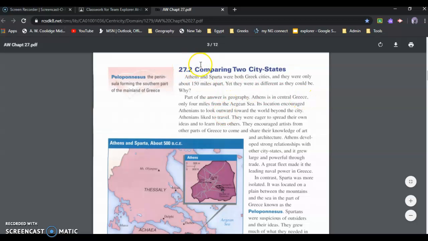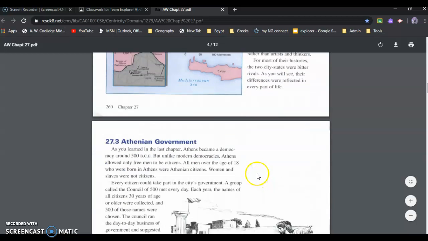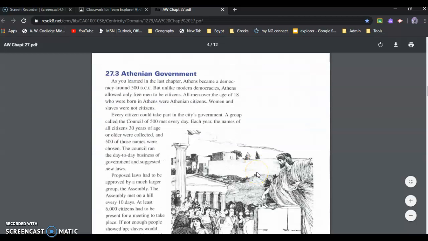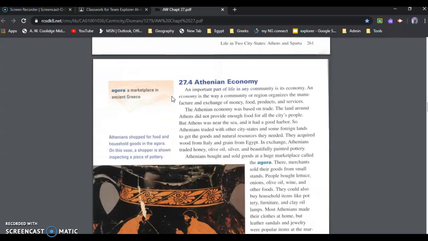I want to point out the titles here. Comparing two city-states is the title here, and it shows you a map of where they both were, Athens and Sparta. It's going to talk in general here about each city-state, and then it's going to start talking about particular aspects or characteristics of each. So this was the Athenian government, and it's going to talk about government in Athens. If you scroll down, it's going to talk about the economy in Athens, or how they basically made money, how they survived, what they did with their resources.